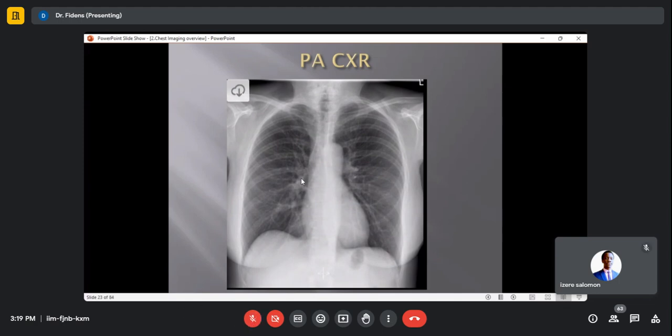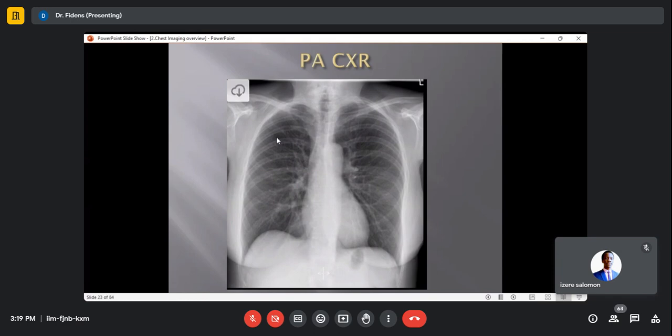They are very important because if you now see them at the same position, you will think something happened. How can they be at the same level? How can the diaphragm be at the same level? Either it is due to the patient position or from disease of the lung, like atelectasis or lung collapse.